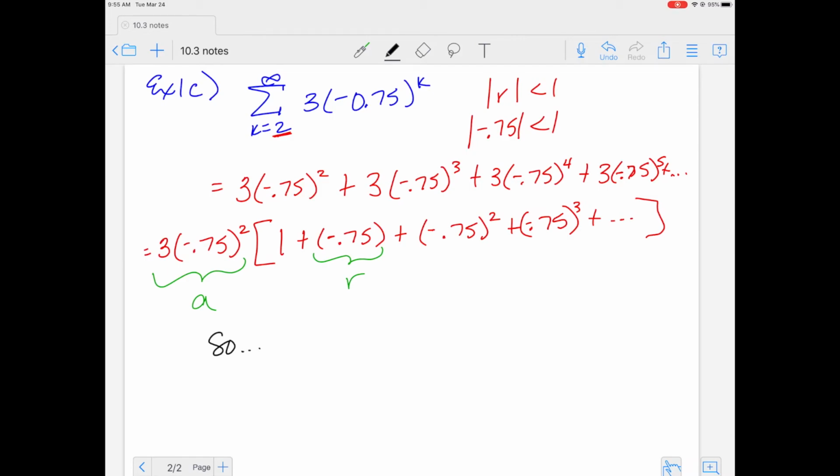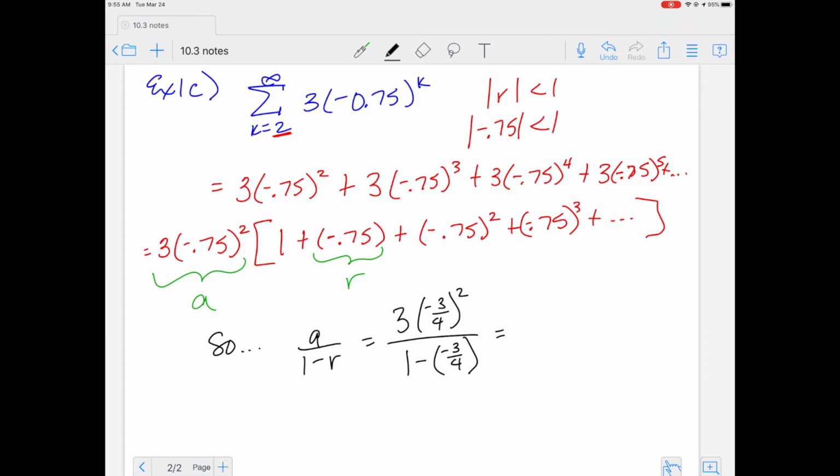So we have a over 1 minus r as the actual value. My a here is 3 times negative 3/4 squared, and I'm going to write this as a fraction because they're easier to work with. So I've got 3 times negative 3/4 squared over 1 minus r, and I know my r value is negative 3/4 because that's r. I don't have a calculator, so just working these out makes that easier.